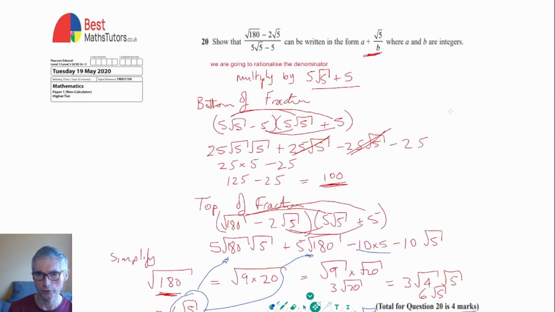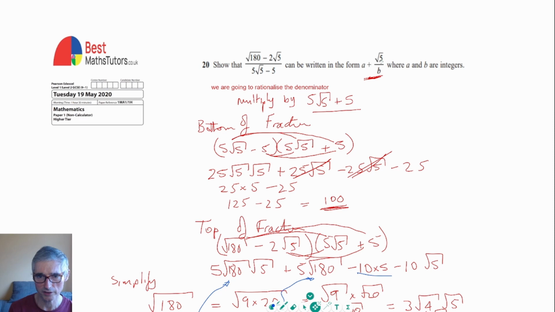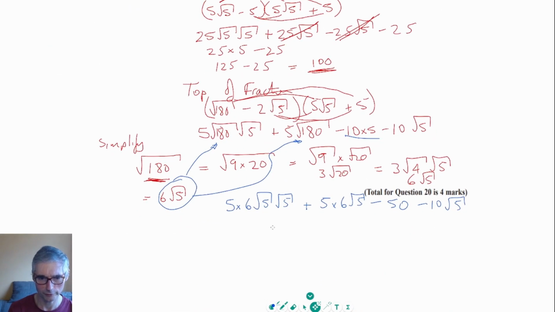And if we go back up to the top, we can see that we want it in terms of root 5 as well. So that's what we're aiming to do, simplify it. Now this bit here, we've got a root 5 times a root 5, so that's just going to make 5.